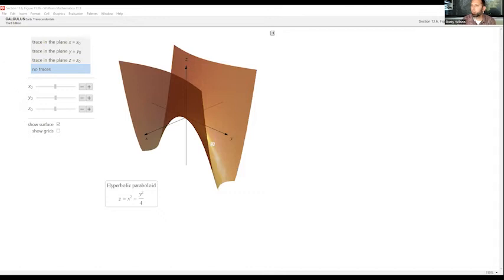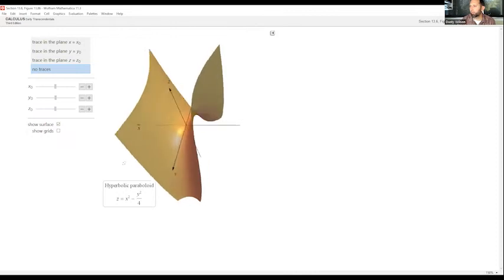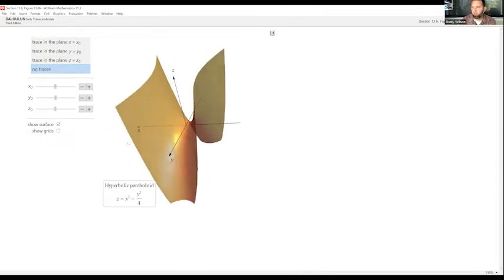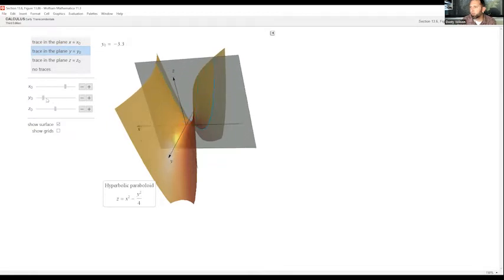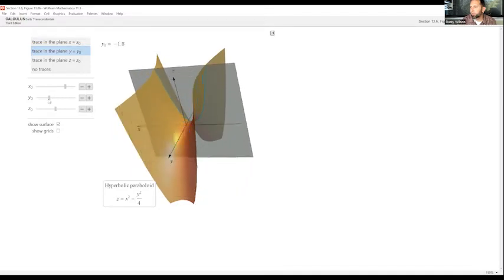Here we have the hyperbolic paraboloid. Notice that saddle point. Think about the saddle on a horse. There's our saddle point. Notice that we have traces that look like parabolas going downward in one direction. The traces look like parabolas facing upward, going the other direction.